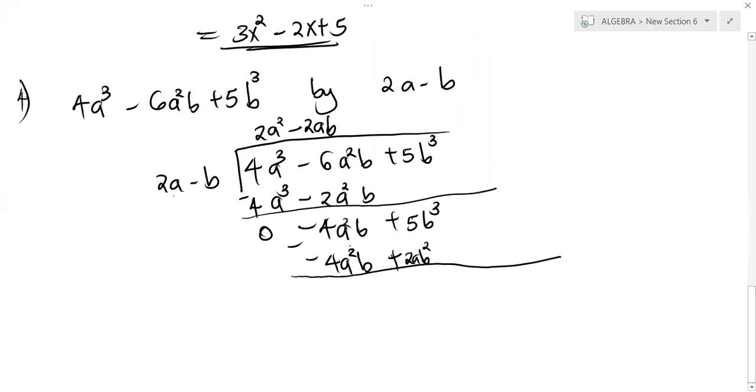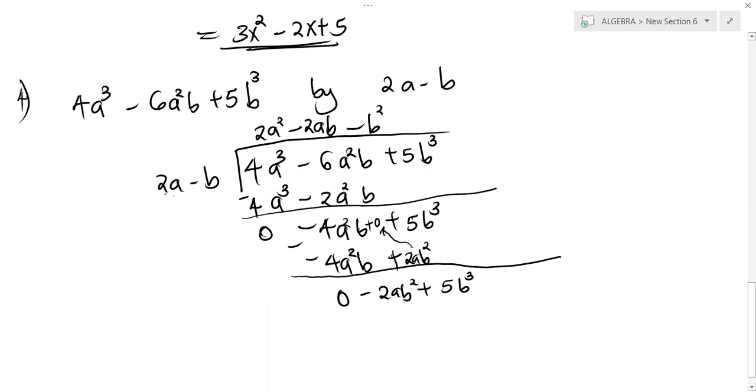Subtracting this, minus 4a squared b minus minus will give 0. Now, as you can see, this term does not have an ab squared term, so I can have plus 0ab squared up here. So 0 minus 2ab squared will be minus 2ab squared. And then we have plus 5b cubed minus 0, so 5b cubed. Taking this term over here, dividing by 2a, we'll remain with minus b squared.